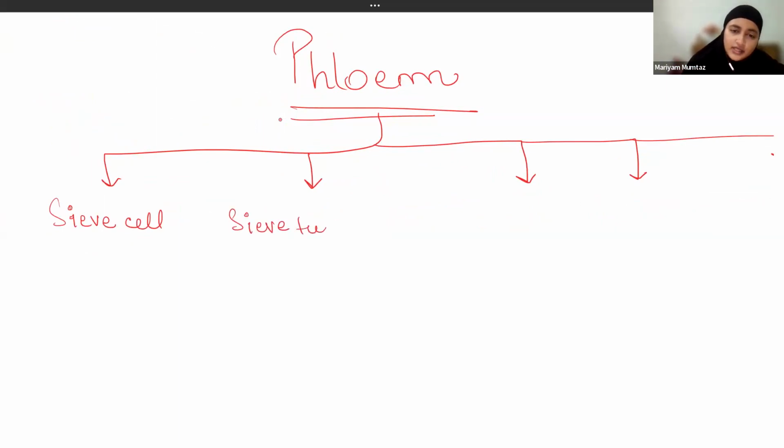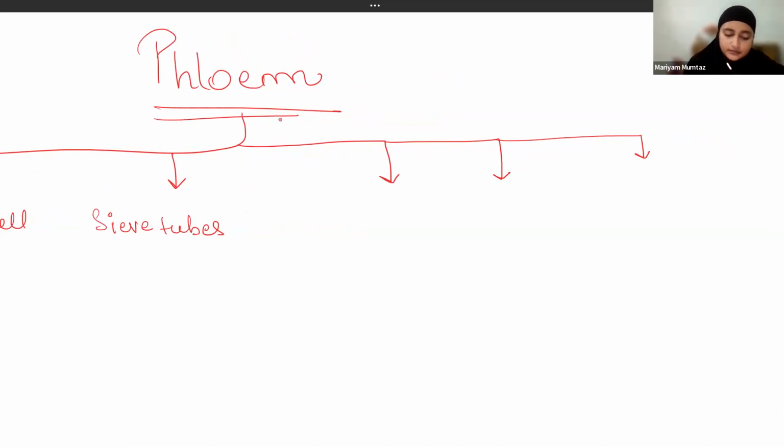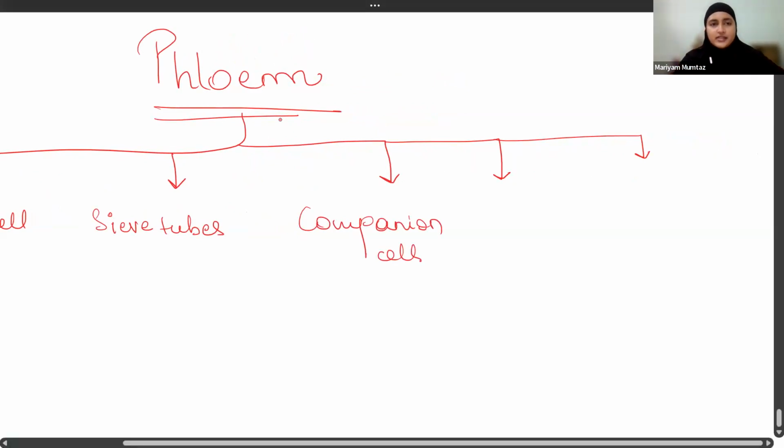Sieve tubes are the second type. What is next? After sieve tubes, there is companion cells.